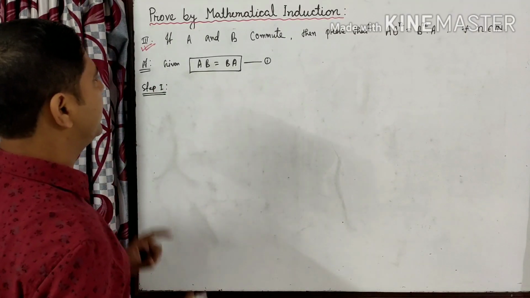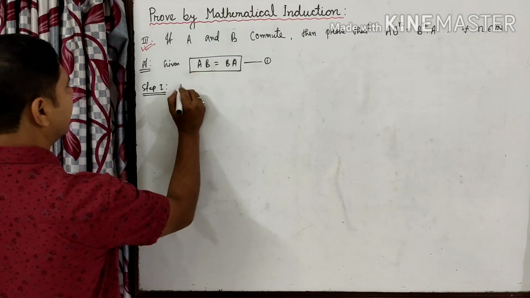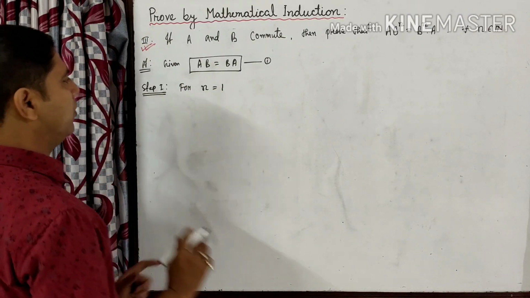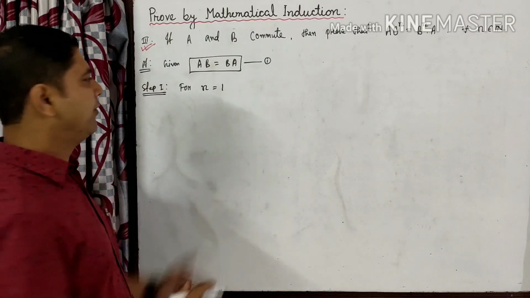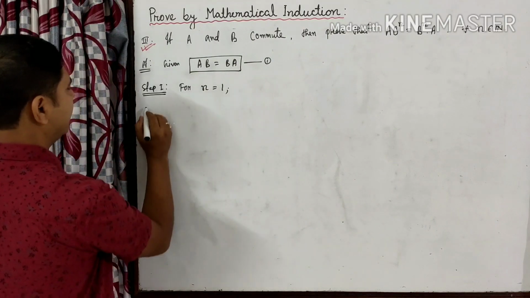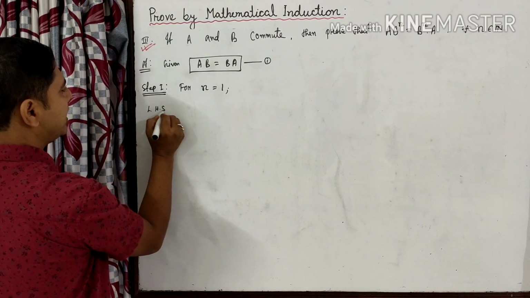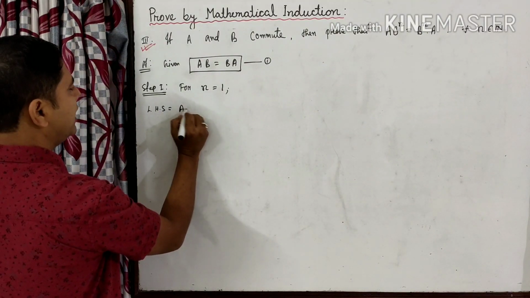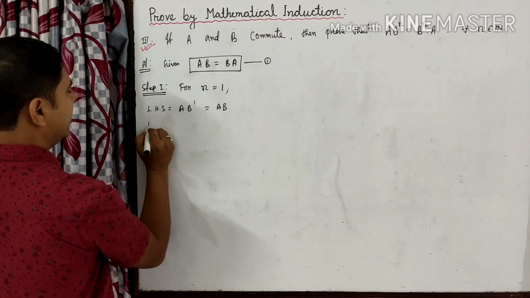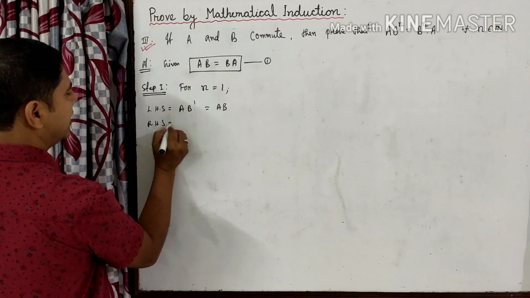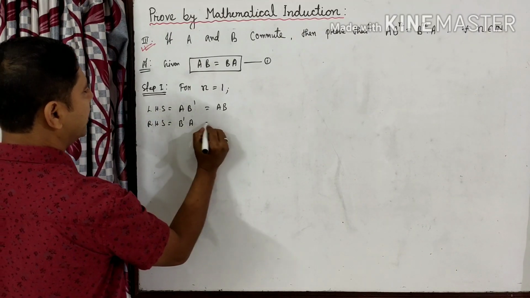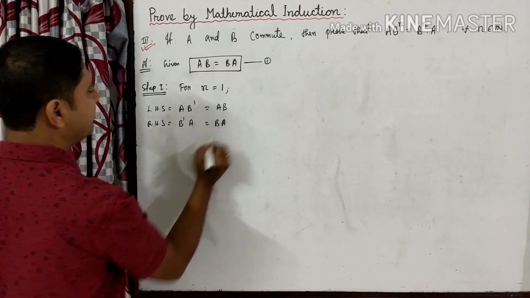The first step is what? You have to verify for n equal to 1. Then the left hand side of this part is AB to the power 1, that means AB, and the right hand side of this part, what is the value? B to the power 1 into A, that is BA.